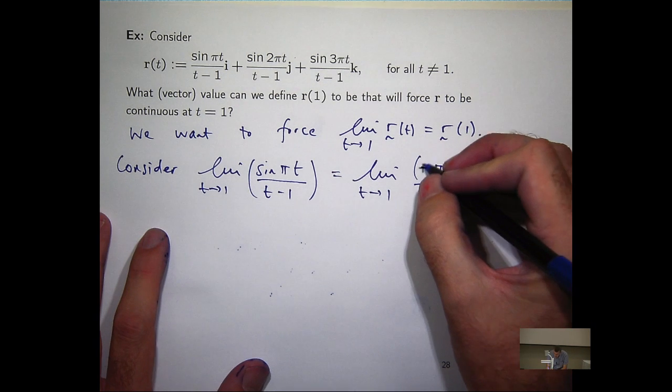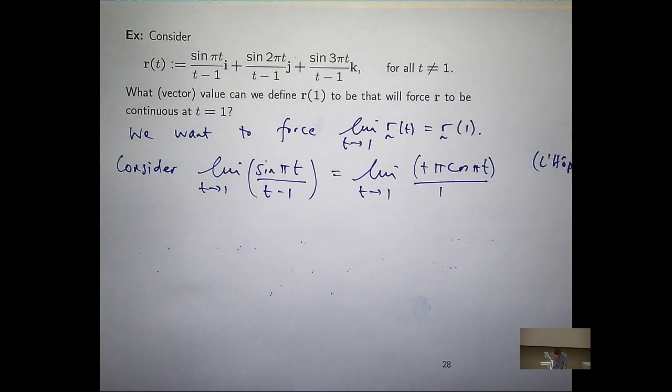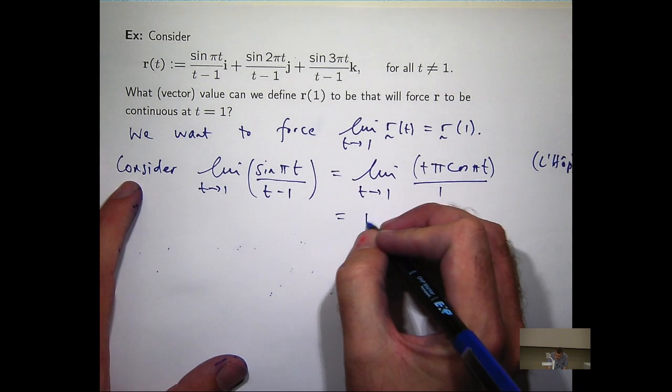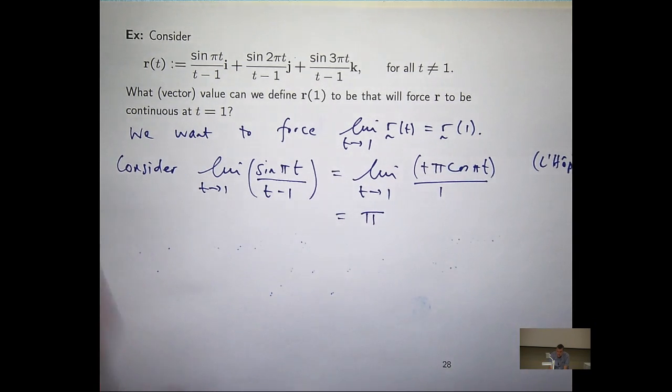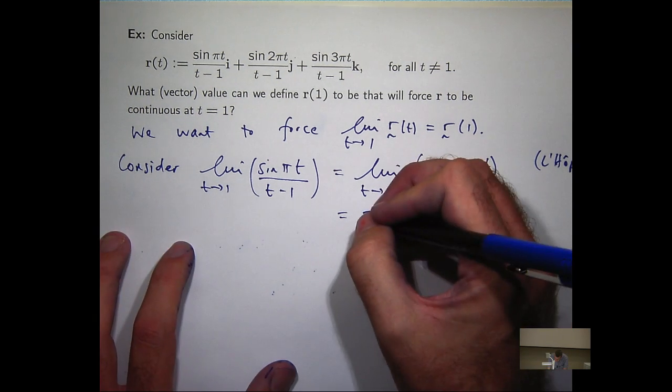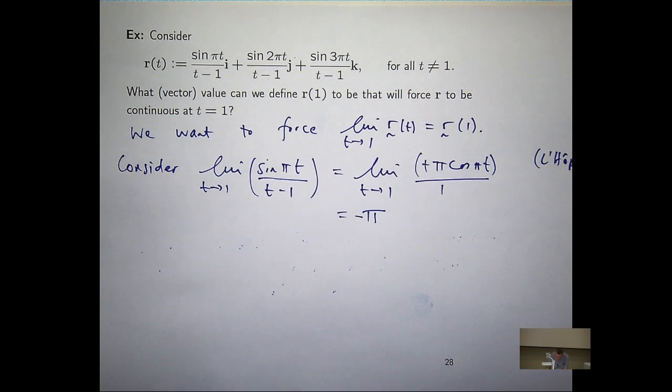The limit as t approaches 1 of pi cos pi t. Pi? Minus pi. See, I was right, I was putting in the minus sign a little too early.